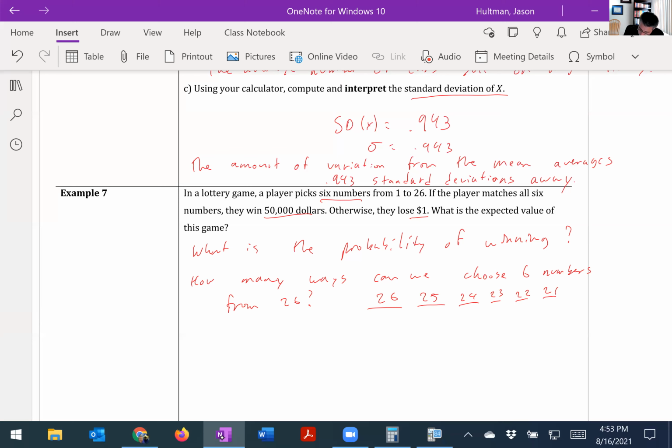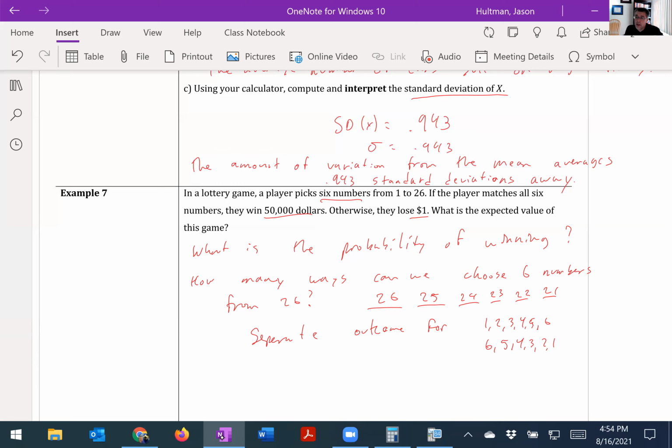However, if I did it this way, I could have them in any order, meaning there's a separate outcome for 1, 2, 3, 4, 5, 6 and 6, 5, 4, 3, 2, 1. Those are two different outcomes.